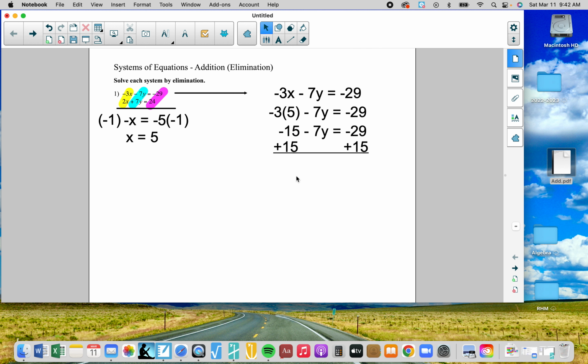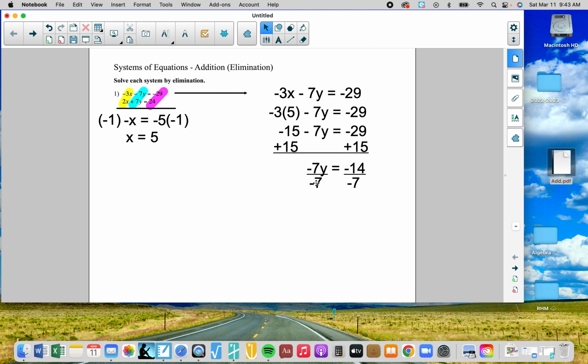Add 15, we get negative 7y equals negative 14. And now I will do your method. We're going to divide by negative 7 because negative 7 is multiplying the y. So the inverse would be dividing by negative 7.